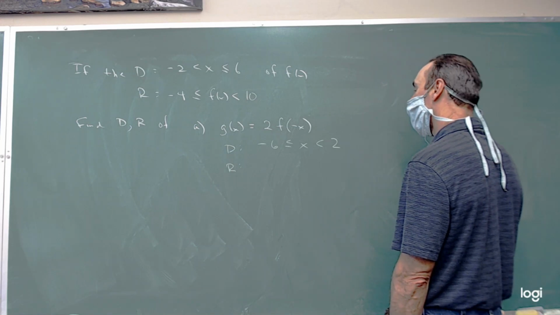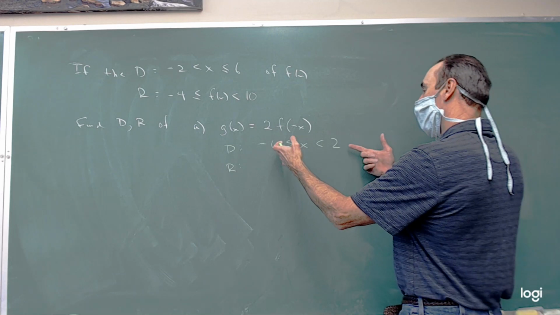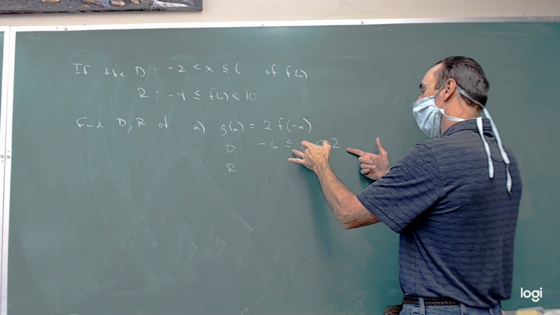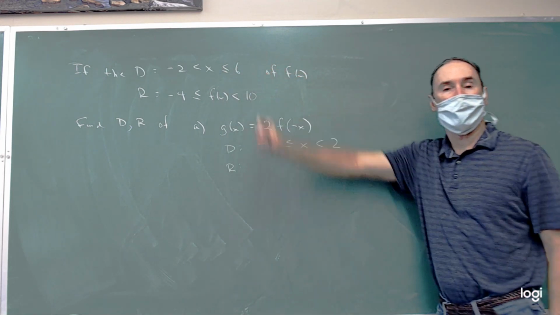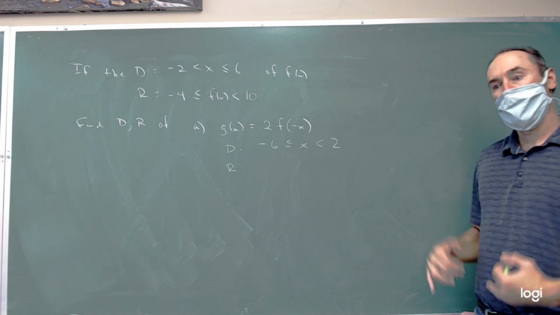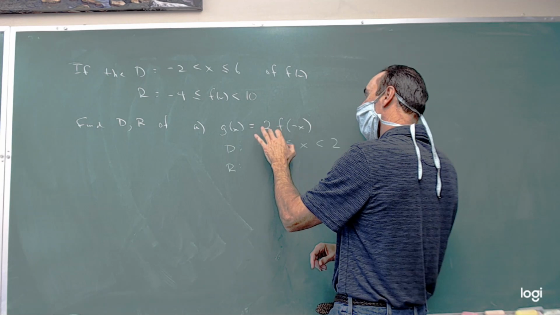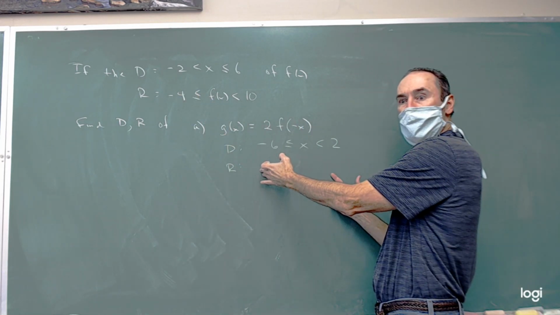Okay, so fair enough. I think Nora said it really well. With a domain, we want to pick this domain so that when we plug in a negative x there, it's going to take us back to here. With the range, we go the other way around. We're going to start with this range, and then we're going to multiply it by this and see what that new range becomes.